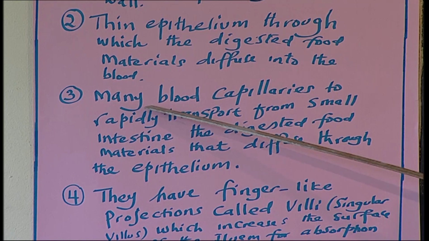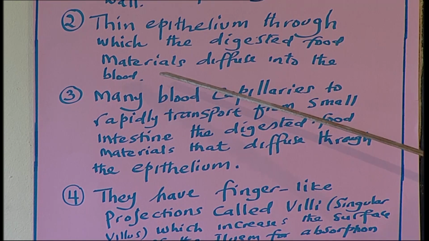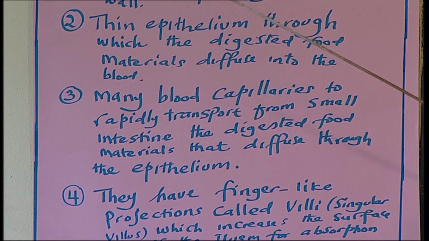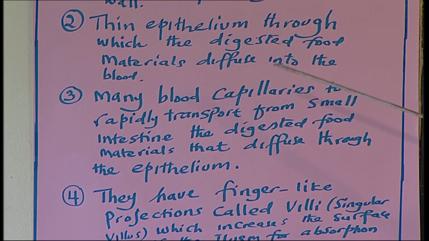Number three, it has a dense network of blood capillaries. As there is a network of many blood capillaries, that facilitates rapid transport from the small intestine of the digested food materials that diffuse through the epithelium.